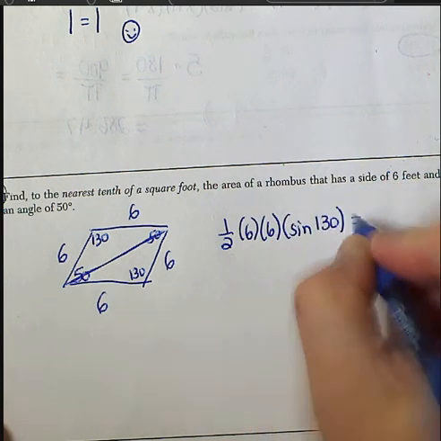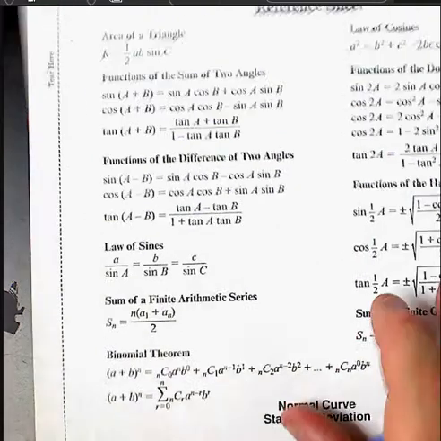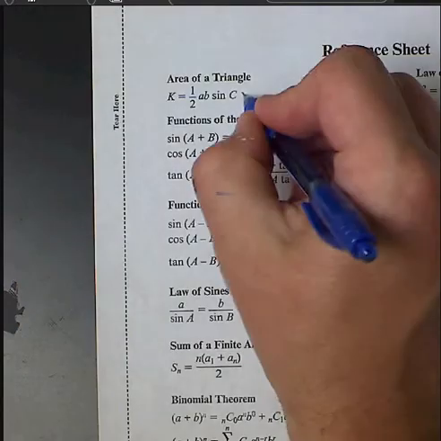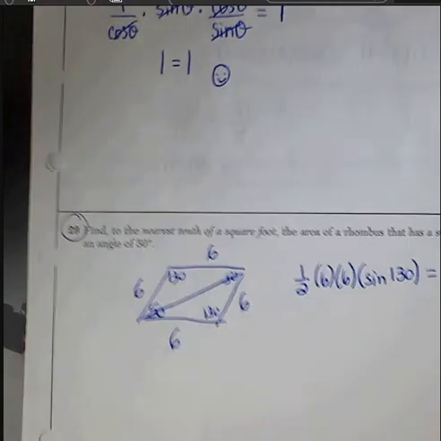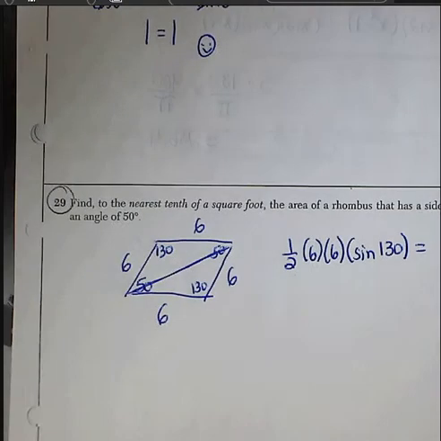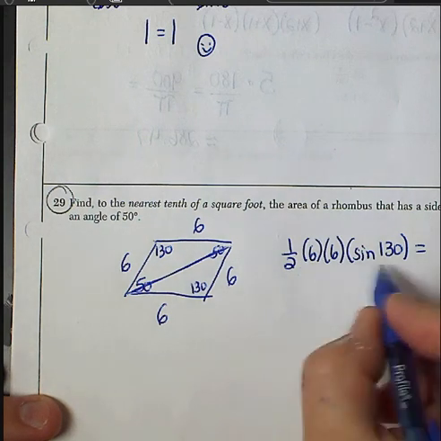And that formula comes from your formula sheet when dealing with an area of a triangle, and you can see it right here. Okay, there's your area formula for a triangle. So that's all I did. And you might be saying, why am I doing an area of a triangle? Well, if I can find the area of one triangle, since the rhombus is also a parallelogram, we know that those two triangles are the same. So I go ahead and go through this.